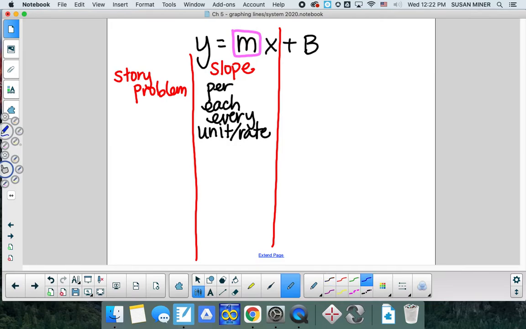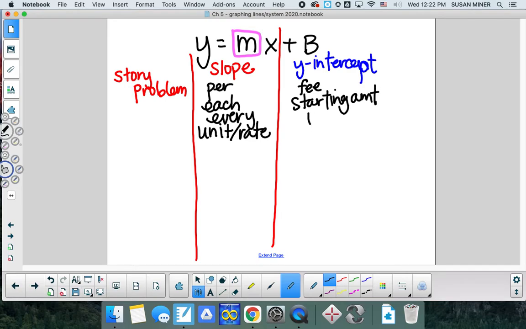So what about the y-intercept in a story problem? What kinds of things do I look for to identify my y-intercept? Well, I look for words like fee, some kind of starting amount, an initial value.